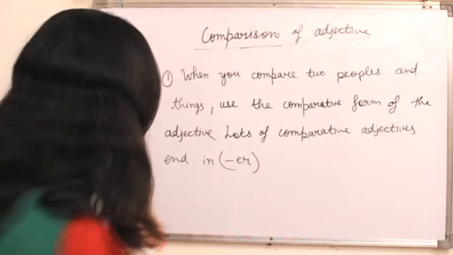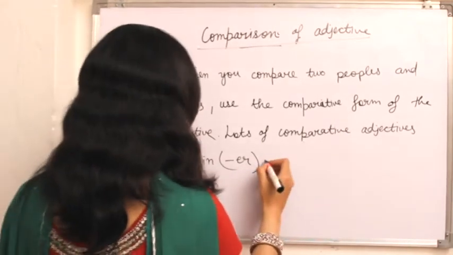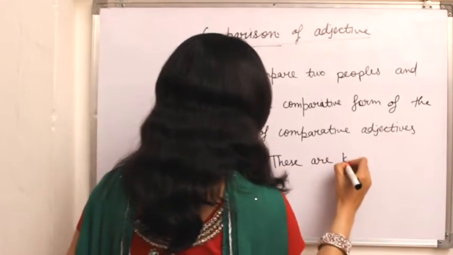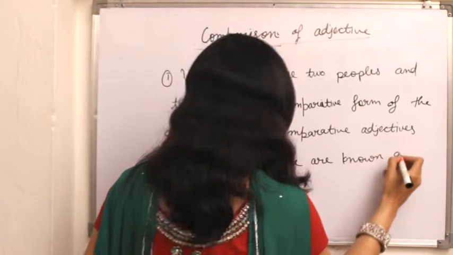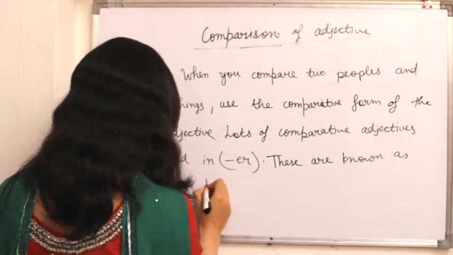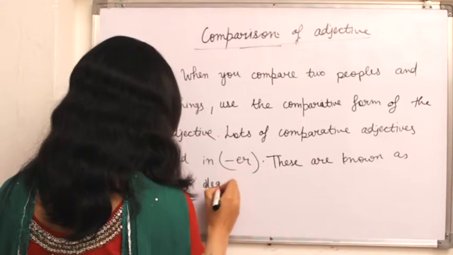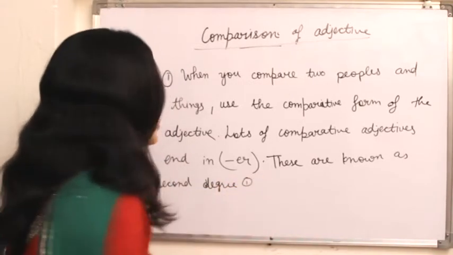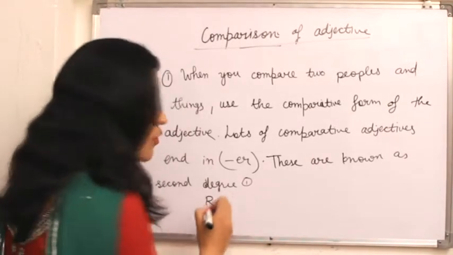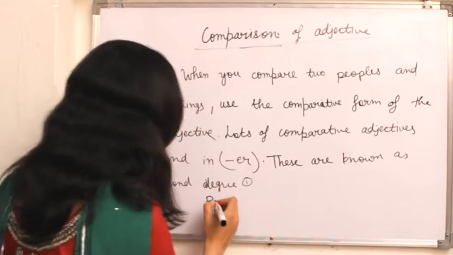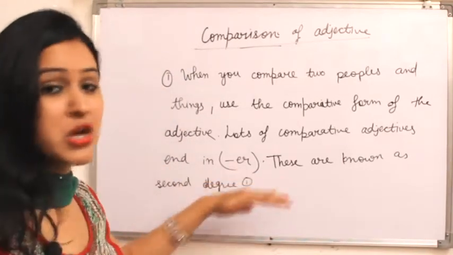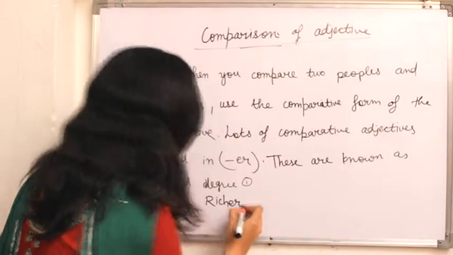So now I explain about these, known as second degree. Okay, so for example, I write here the second form of rich, which ends in what? It ends in er. So I just add here er.